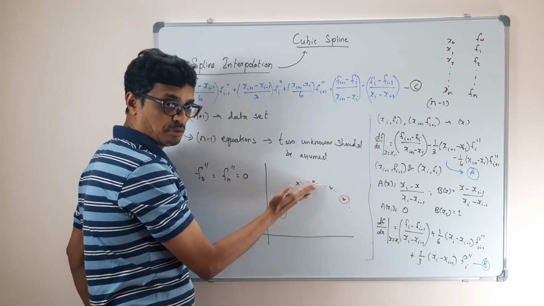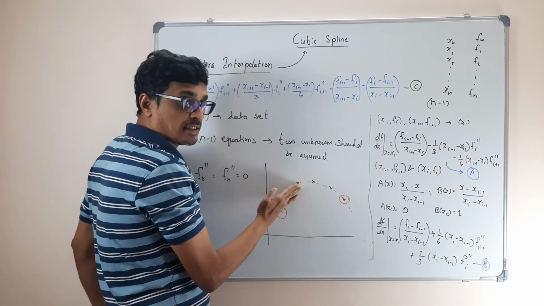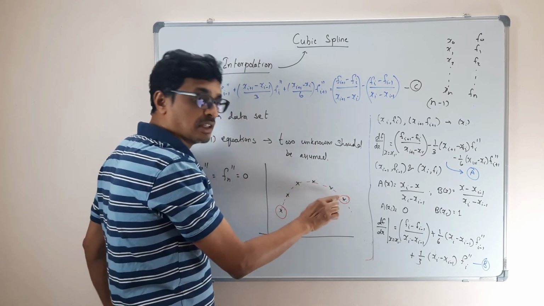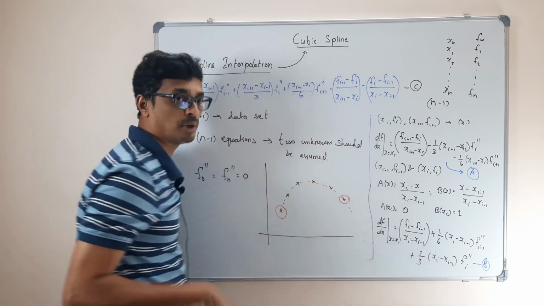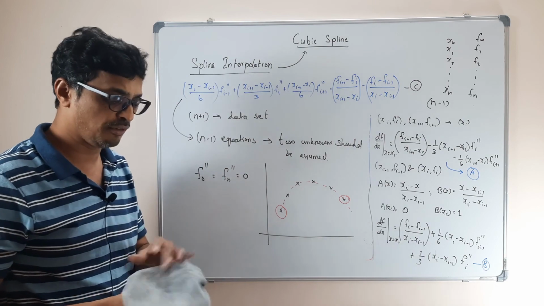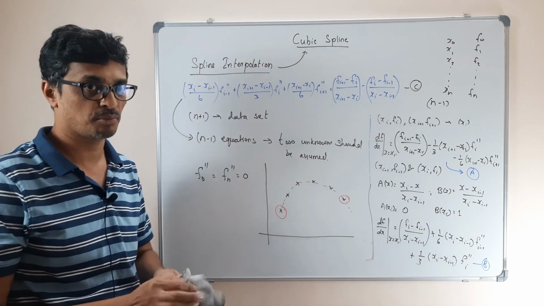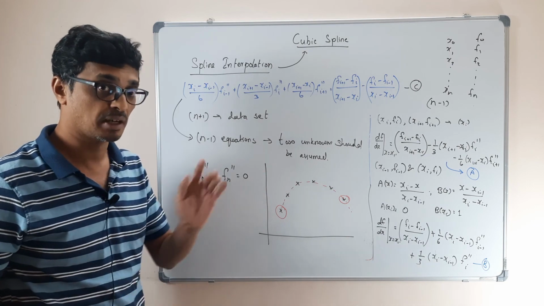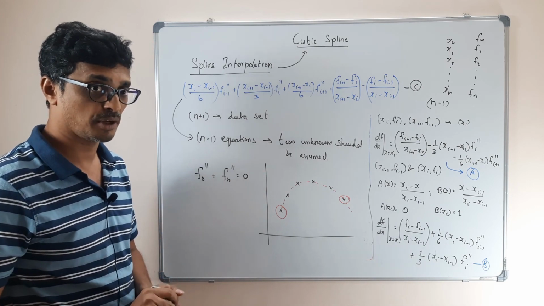What is the curvature you give? But nothing else, otherwise it doesn't have any dependence. So this will eventually give you a smoother curve containing all the points. That's why this spline interpolation, particularly cubic spline, which is normally what we mean when we say spline, is such a powerful technique to do interpolation compared to polynomial interpolation.